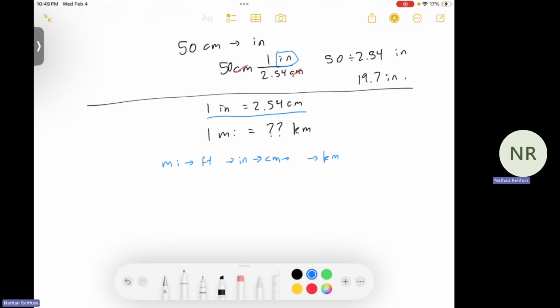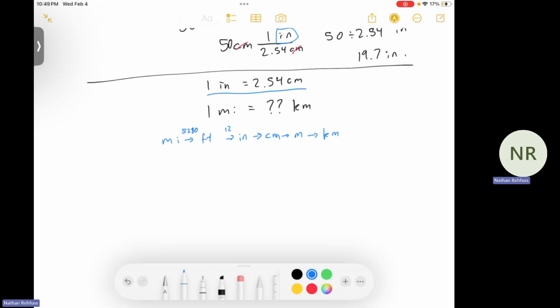I know how many feet are in a mile and how many inches are in a foot. And if you've forgotten the number, it's okay. It's a strange number, 5,280. That's also on your handout. Meanwhile, to get from centimeters to kilometers, I can go through the meter. Every one of these 5 arrows is going to be a unit fraction in our computation.